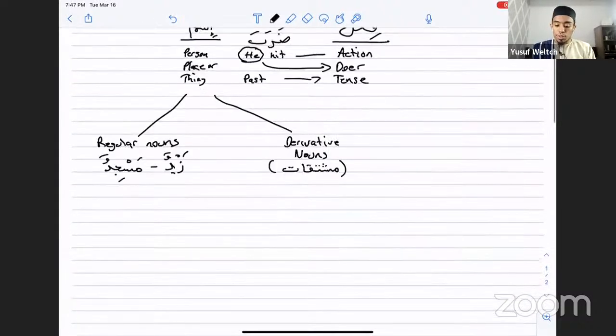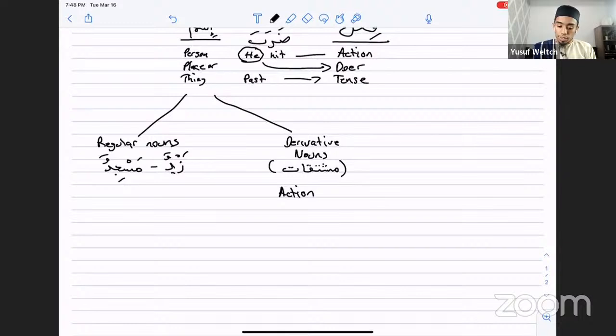So derivative nouns, as opposed to regular nouns, include an action, because the root letters that make up that noun entail a type of action.